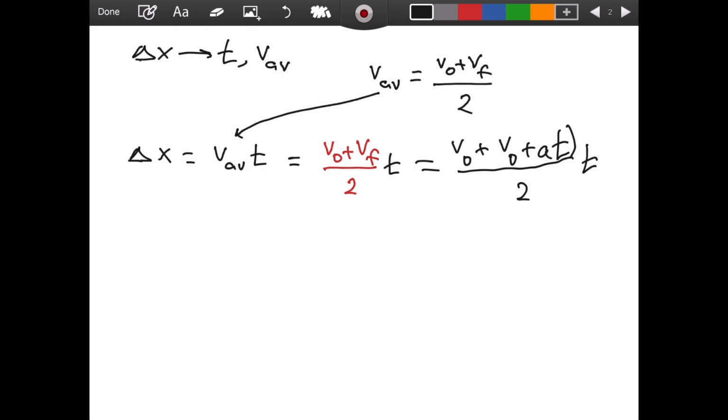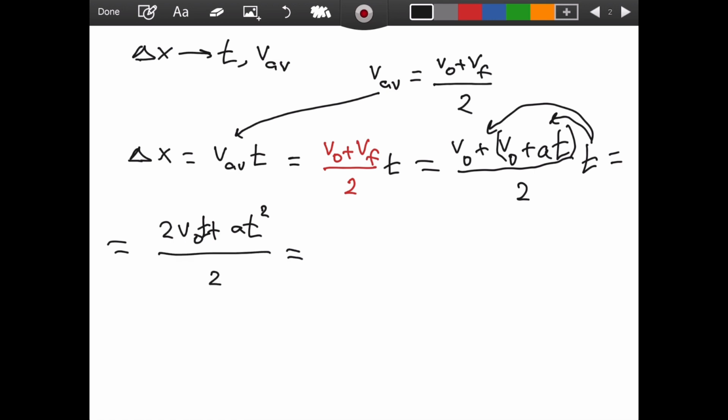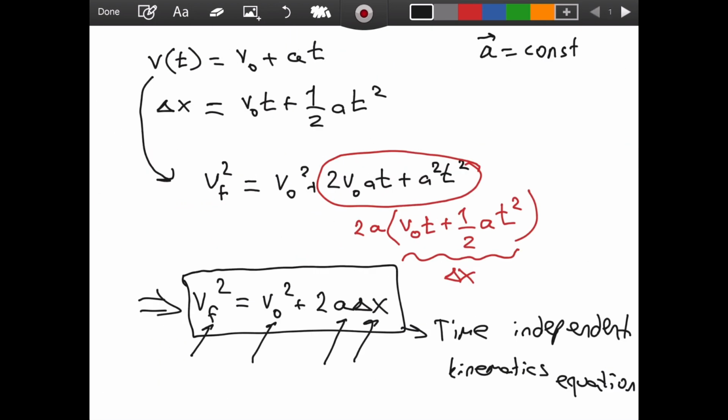Right, this thing inside the parentheses, that is just vf, as we showed. So this will give us 2v naught plus at, and if we distribute this t to the addition, we will get a t here and a t squared here, divided by 2, and if we divide both terms by 2, we get v naught t plus 1 over 2 a t squared. And this sure is equal to delta x. We just set it right here, and we used that result even here.